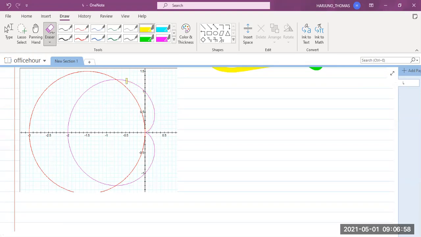So I will get the total area here, and then I cut the crescent away.